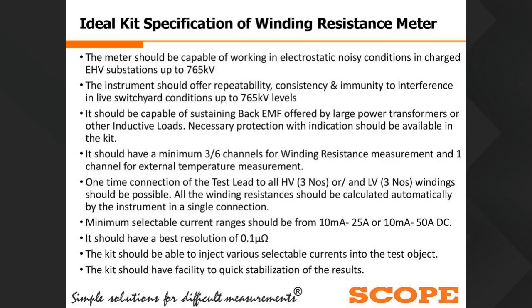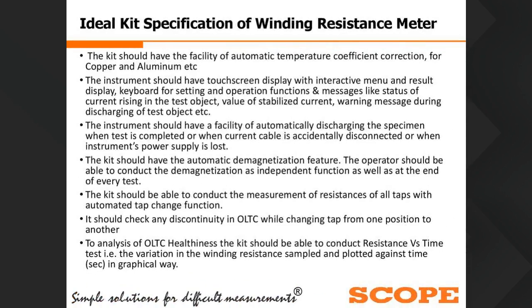Then the kit should be able to inject variable selectable currents, so various current ranges should be there. The kit should have a facility for quick stabilization of test results, and automatic temperature correction for different winding materials, that is copper and aluminum.